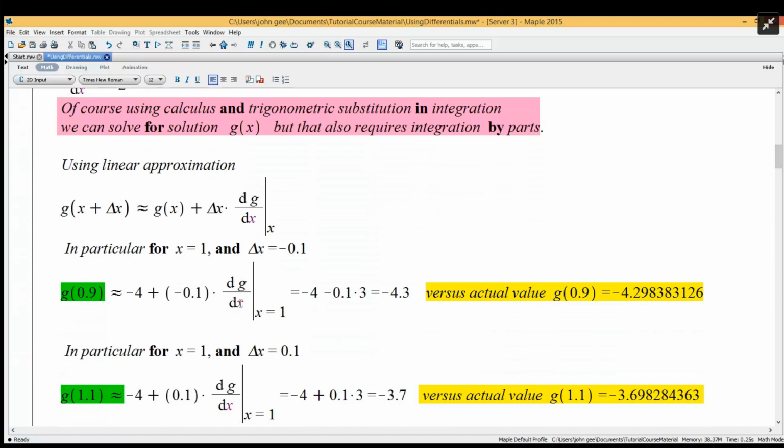But the derivative of g at x equals 1 is just 3. So it's minus 4.3. Now, the actual value, I took the liberty of solving for that, is minus 4.29. So it actually underestimates, because minus 4.3 is less than minus 4.29.